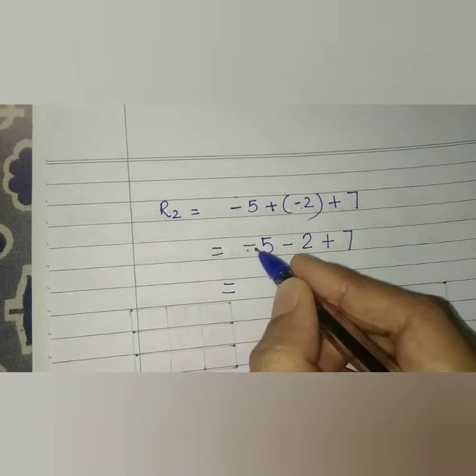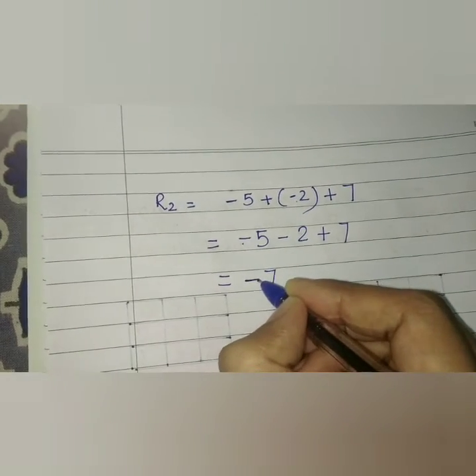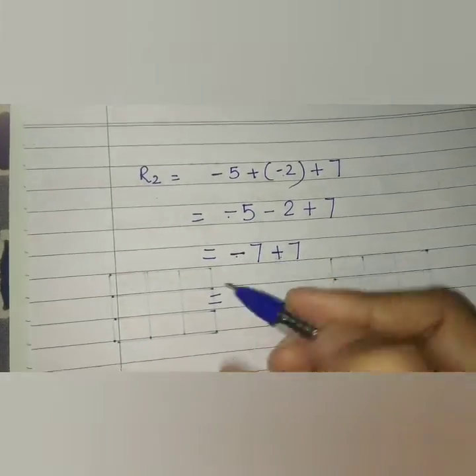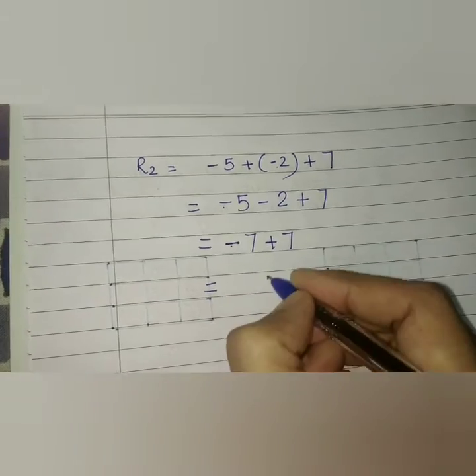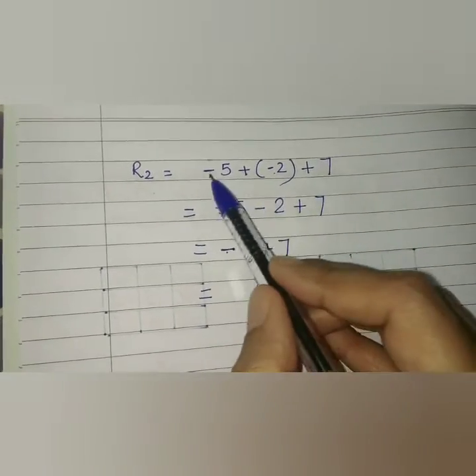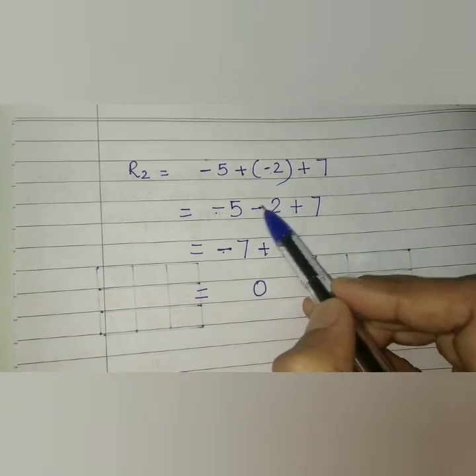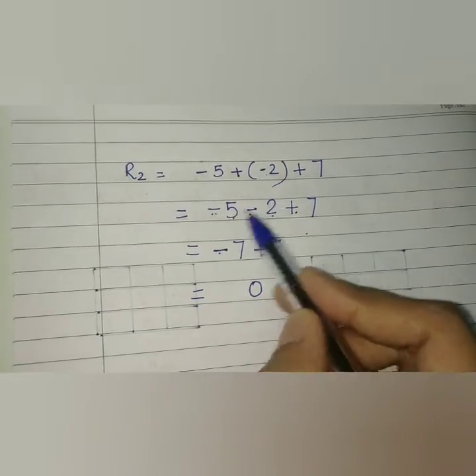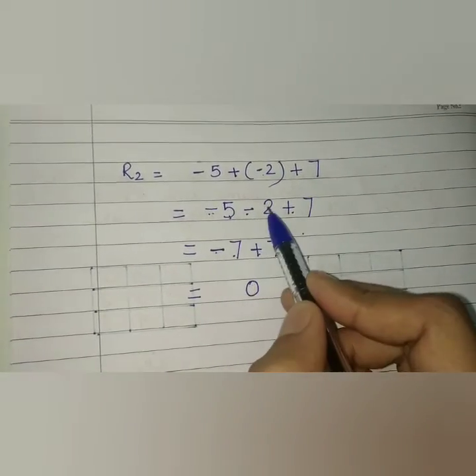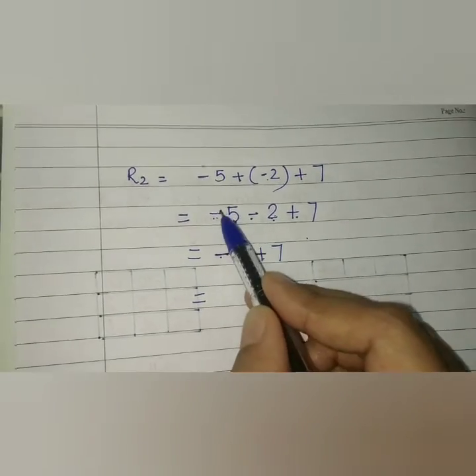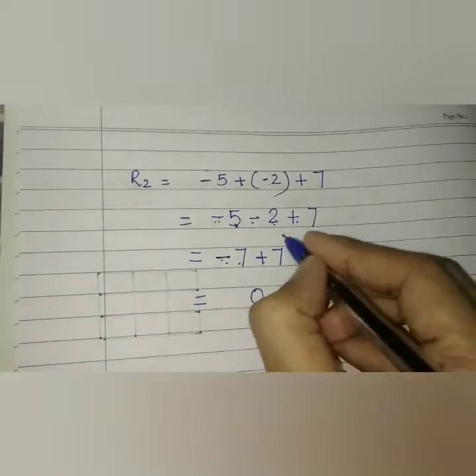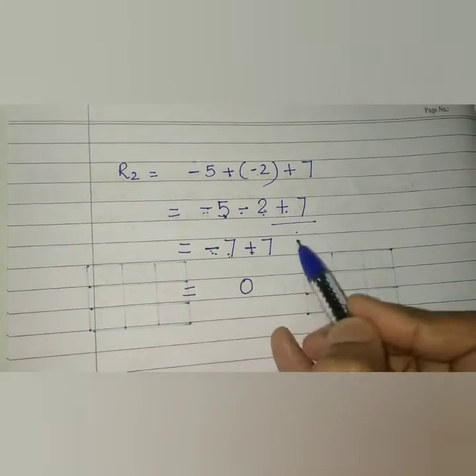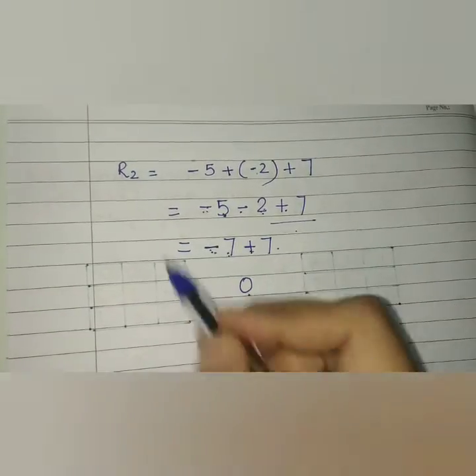In 5 and 2, which is the greater number? 5, and since 5 has a minus sign, I write minus 7, and the remaining value was plus 7. Then minus 7 plus 7 gives you 0. After solving R2, I get 0.